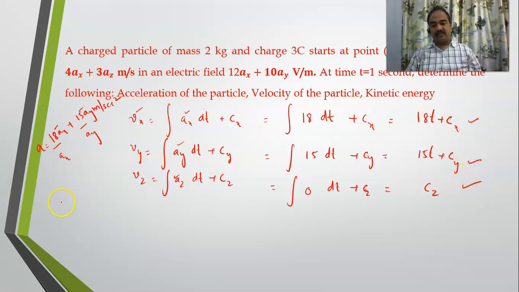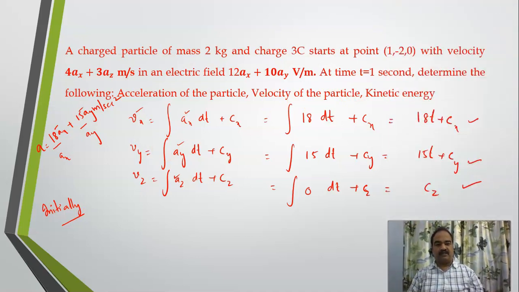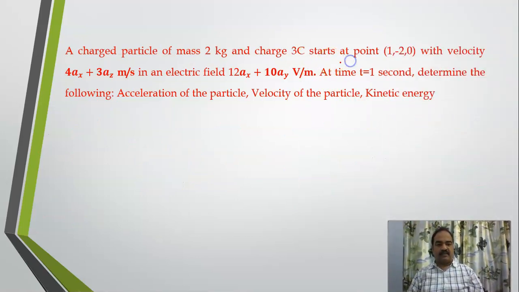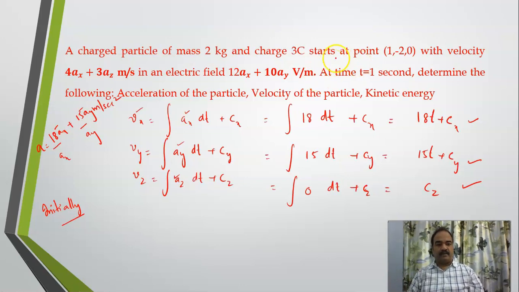Now I will employ initial conditions. It has been mentioned that the charge was starting at this point with initial velocity. This was the initial velocity, okay? So initially, at time t is equal to 0, this was the velocity, which means at time t is equal to 0, vx was 4, vy there was no vy, and vz was 3.